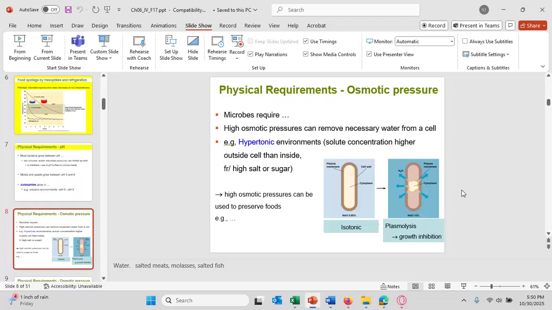High osmotic pressure can be used to preserve food, such as molasses. We usually don't refrigerate the molasses, but salted meats, salted fish, and honey are all examples of using osmotic pressure to preserve the food.